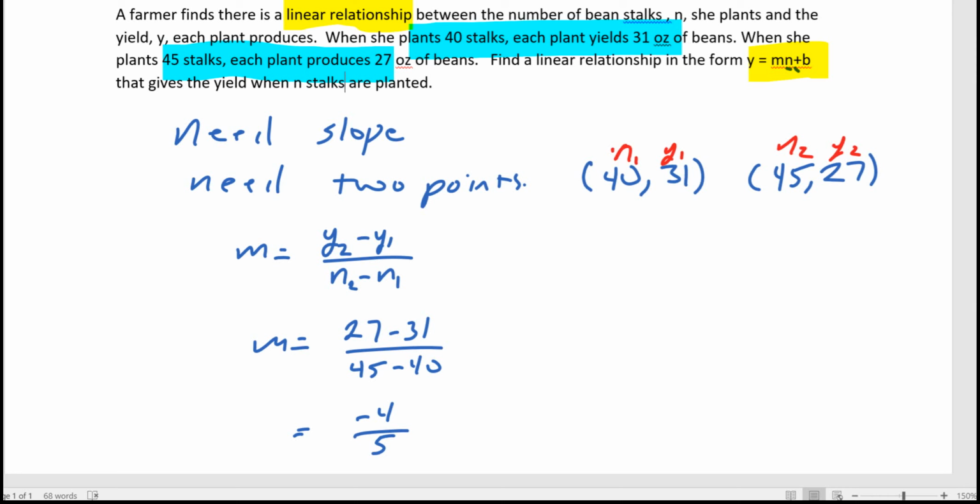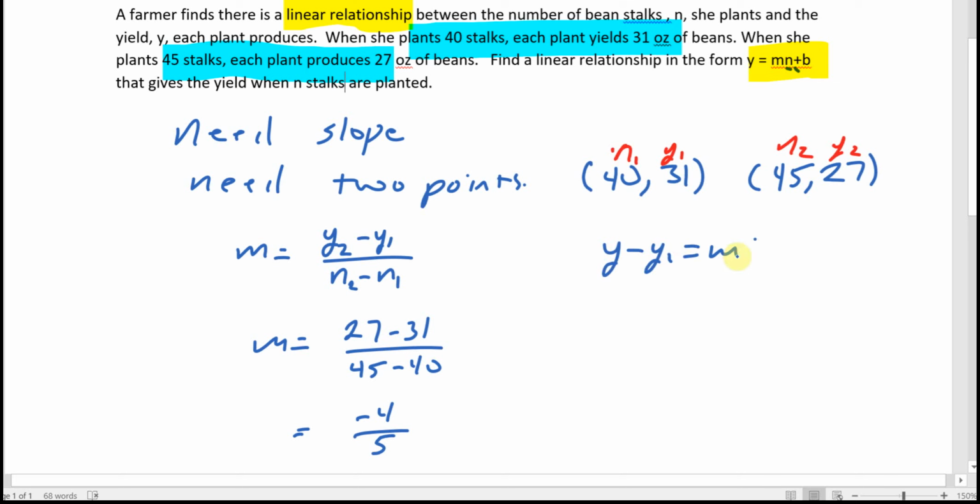Now, to write the equation of the line, I always start in point-slope form. So for this one, we'll have y minus y1 equals m. Now, normally you'll see it as x minus x1, right? But for this problem, since I'm using different variables, I'm going to change my x's out for n's.